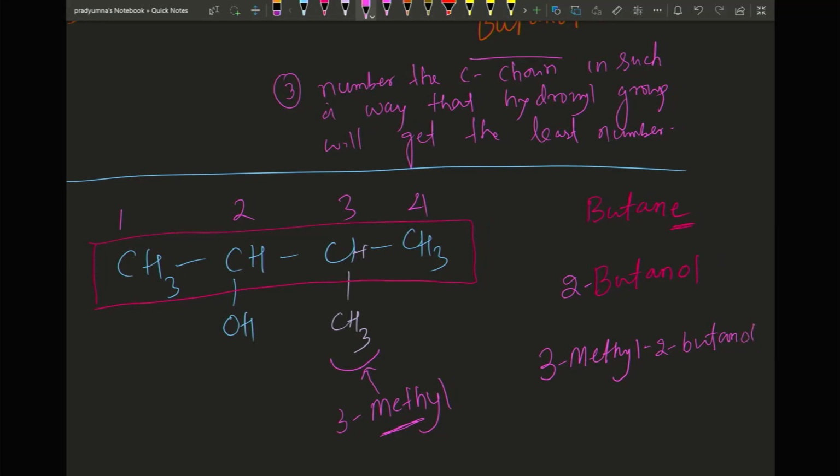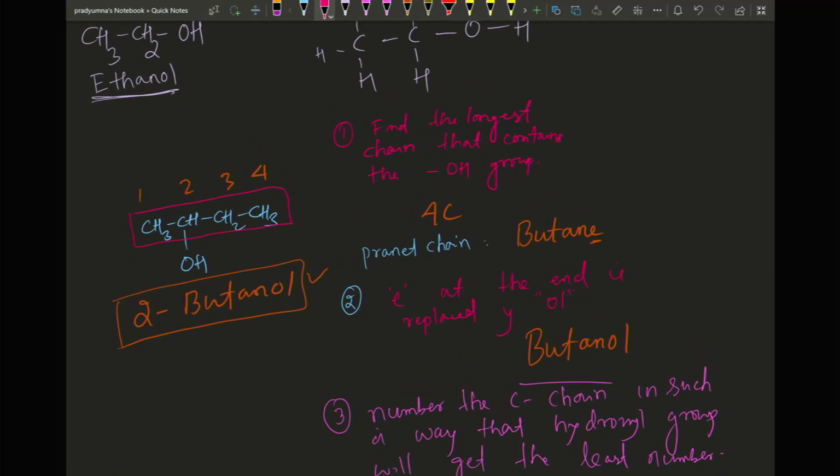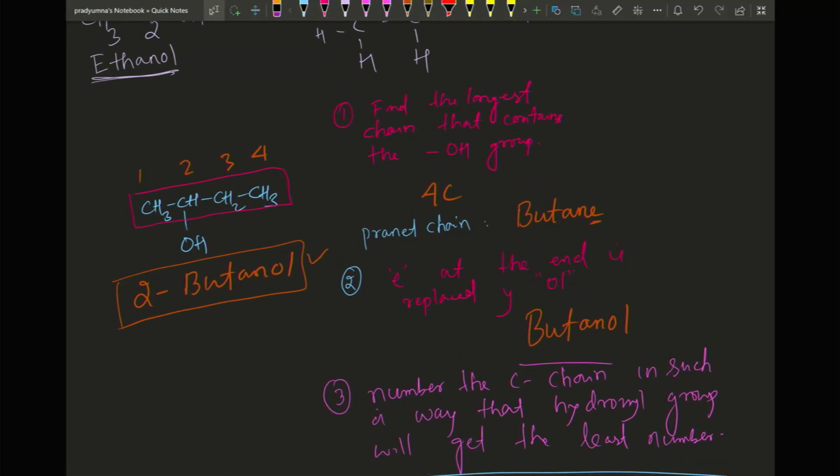All right. Okay, so that's all about alcohol nomenclature. I'll just give you another hint. In some advanced books, instead of writing 2-butanol, people also write butane-2-ol. I know it doesn't sound fun, but this is also a correct nomenclature convention. Look here, the 2 is coming right before the ol.